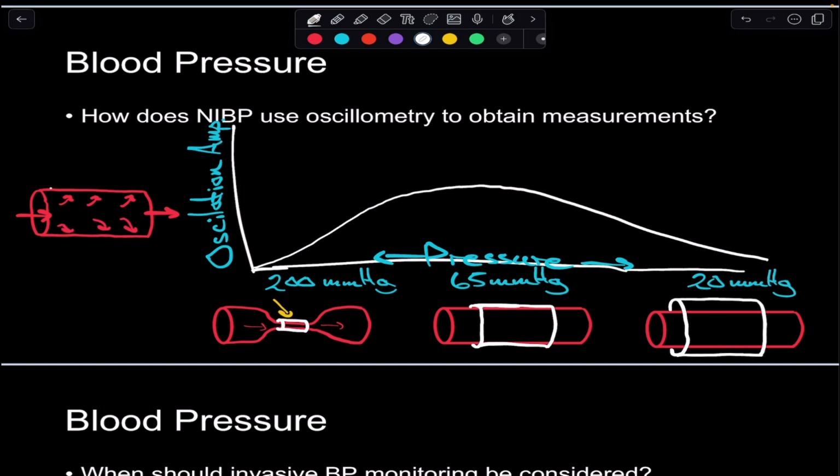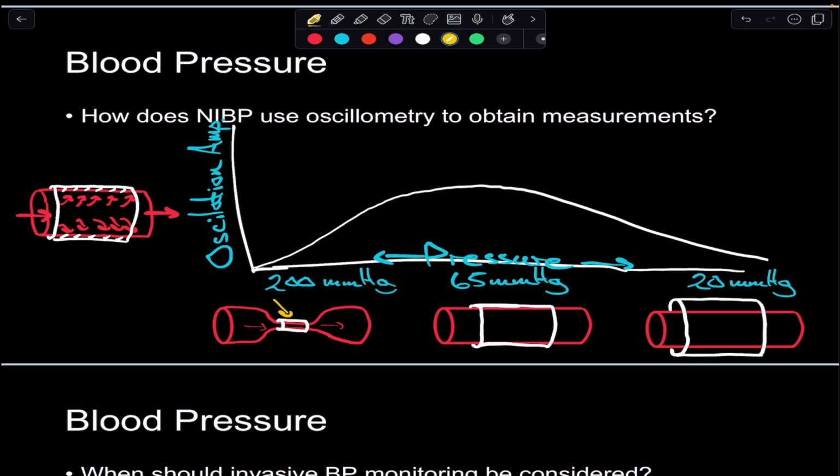When we want to measure their blood pressure, we wrap a blood pressure cuff around their arm. In this cuff, there are mechanical sensors that can sense each pulse against the wall of the artery, and these pulses create oscillations that the cuff then picks up.